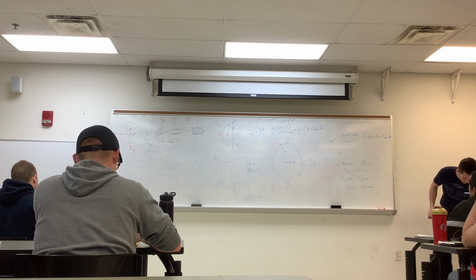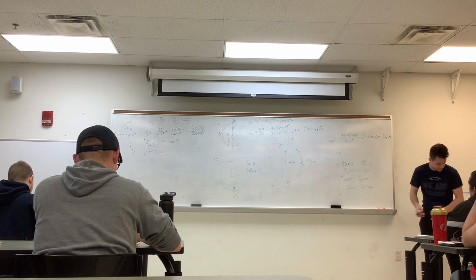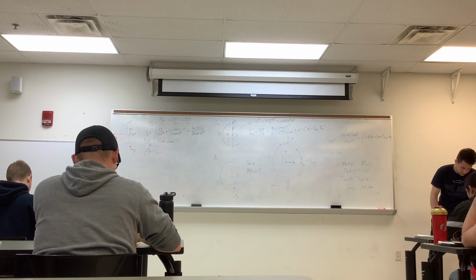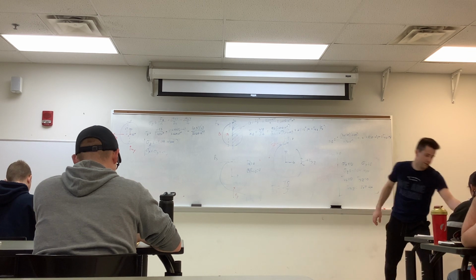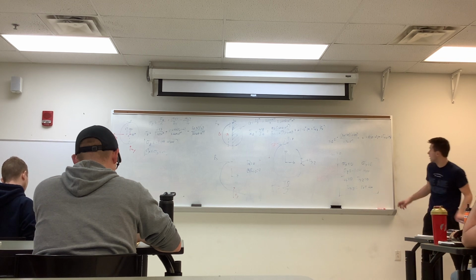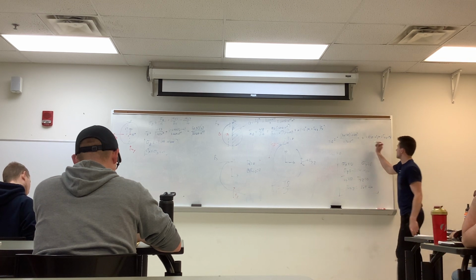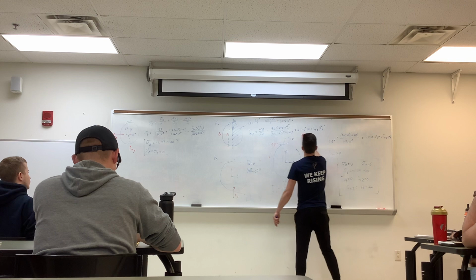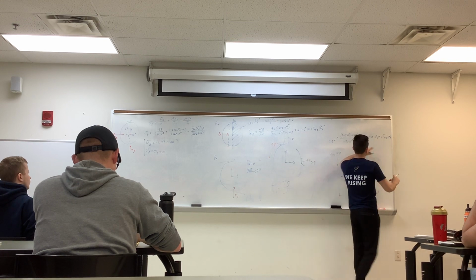So we have negative 8 times 10. It's the sum of this and this. This is 10 to the 4th, this is 10 to the 5th.